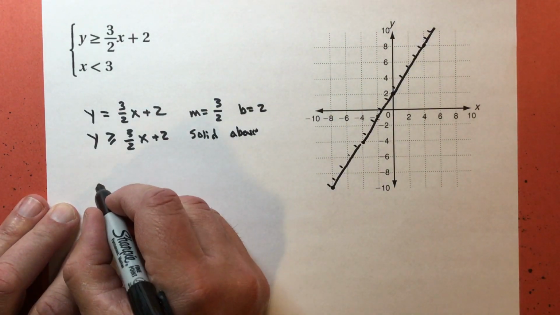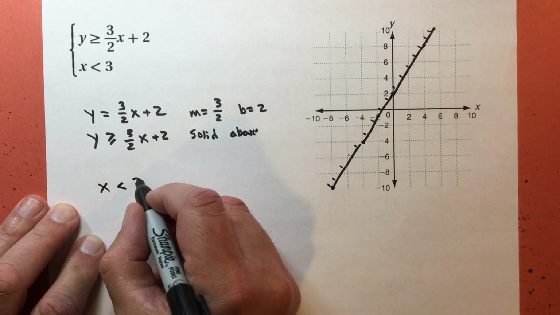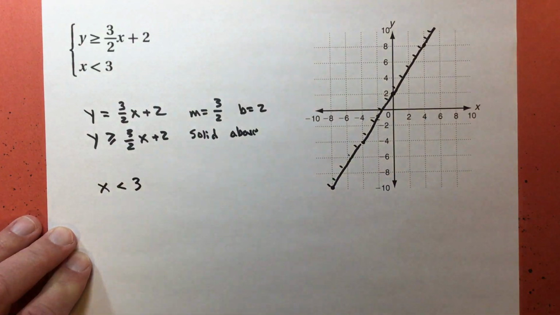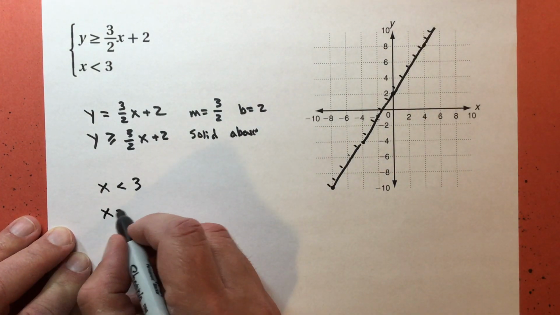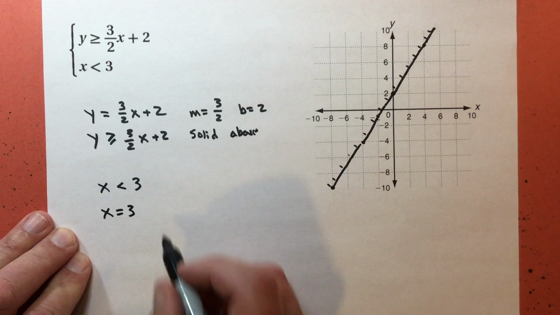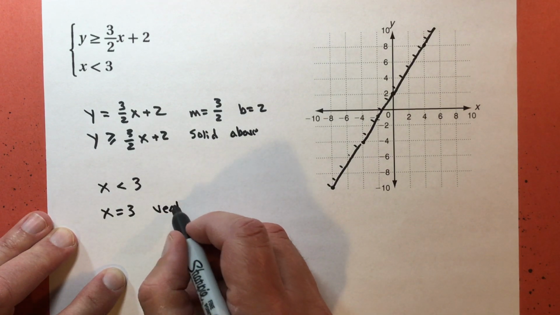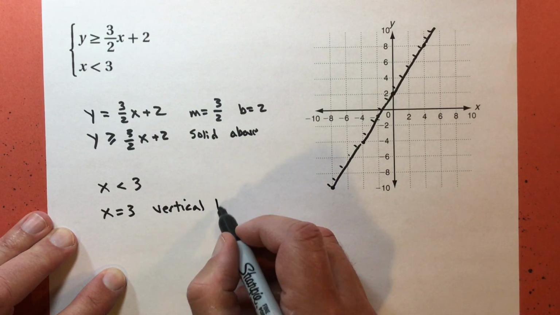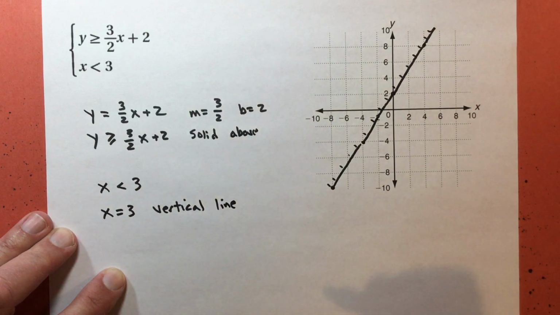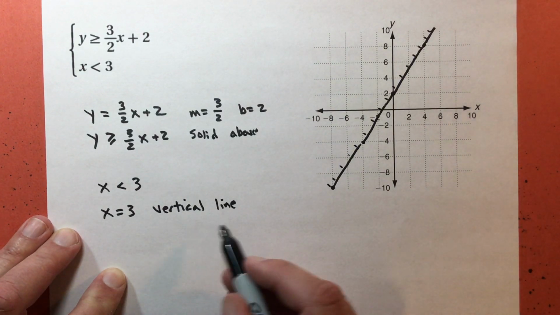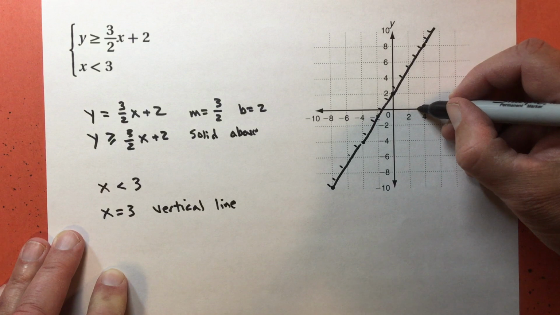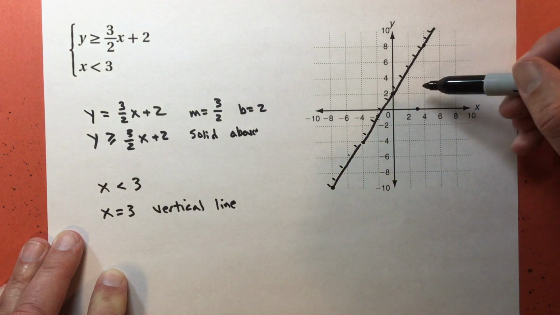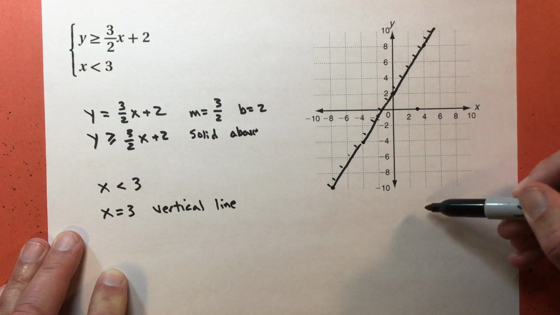For the second one, this one looks a little confusing. What does that mean? Well, the boundary line is x equals 3. This is going to be a vertical line. It's actually not even a linear function, it's a vertical line. And it's going to go through where x equals 3, which is right here. So I'm going to draw a vertical line going this way.